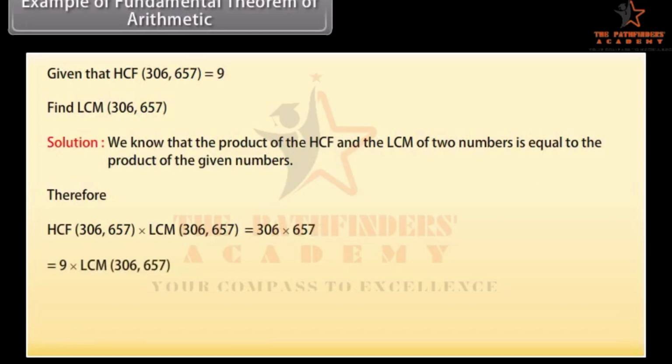So 9 × LCM(306, 657) equals 306 × 657, which gives LCM(306, 657) equals 306 × 657 upon 9. LCM is equal to 22,338.